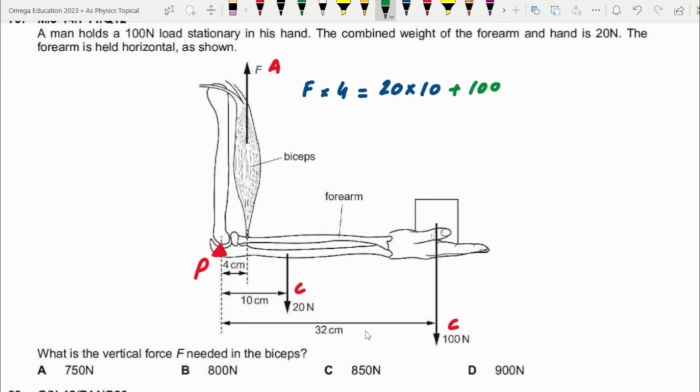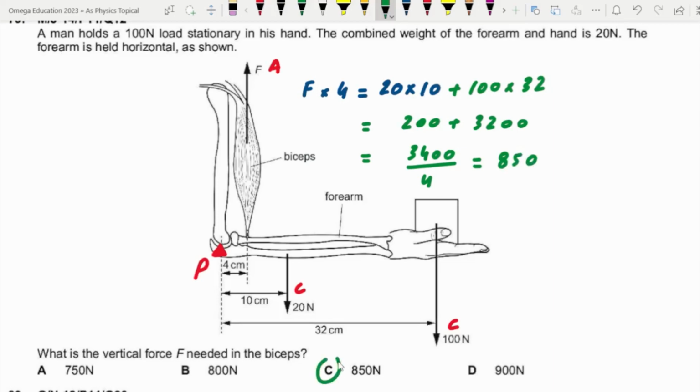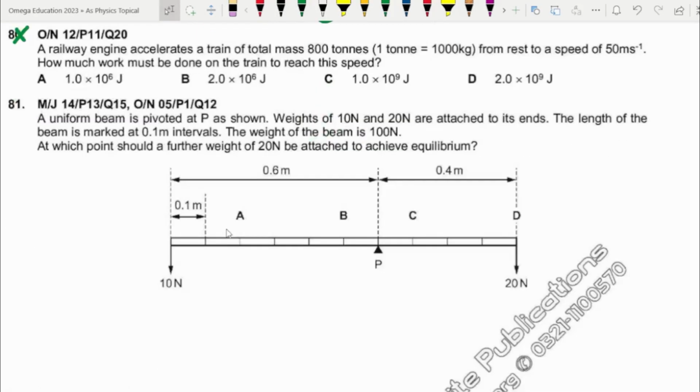And what is the perpendicular distance of that force from the pivot? It is 32. So times 32. Now use the calculator from here, and the answer for this one would be 850 newtons. Matter of fact, we move on to the next one.